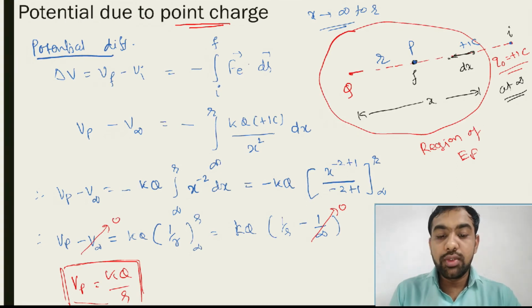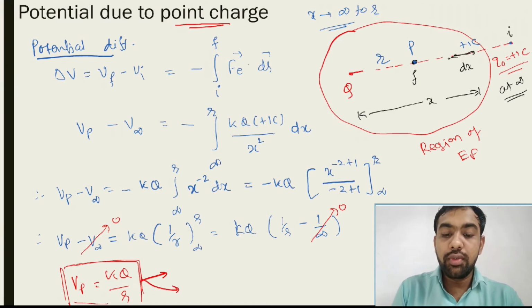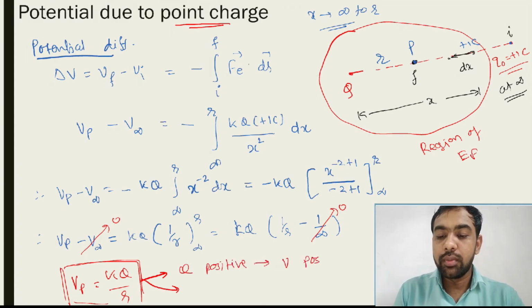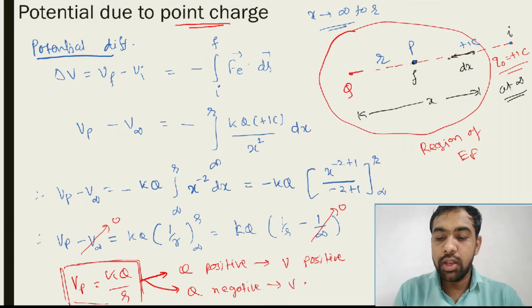Okay, now from this, q is positive or negative, both. If q is positive, then V is positive. If q is negative, then V is negative.